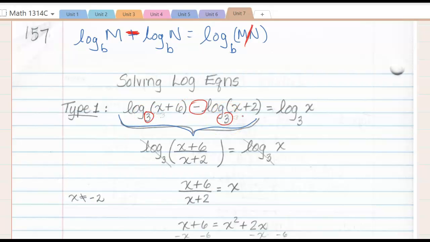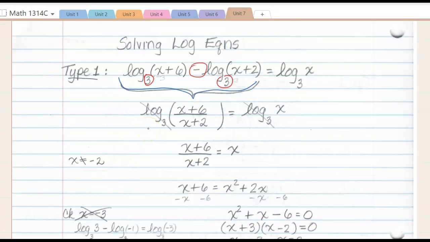Now that we have that, on the left side we have one log expression, the log base 3 of the quotient x plus 6 divided by x plus 2, and on the right we still have log base 3 of x. This is very similar to having the same base on both sides when we were solving exponential equations.